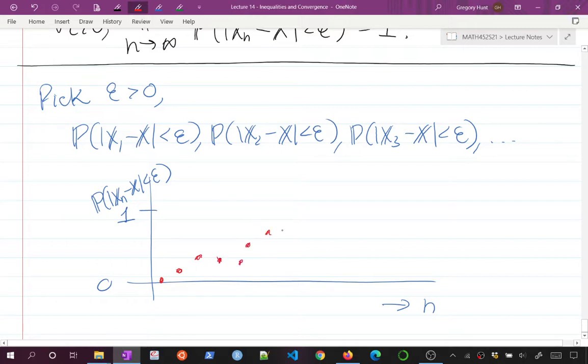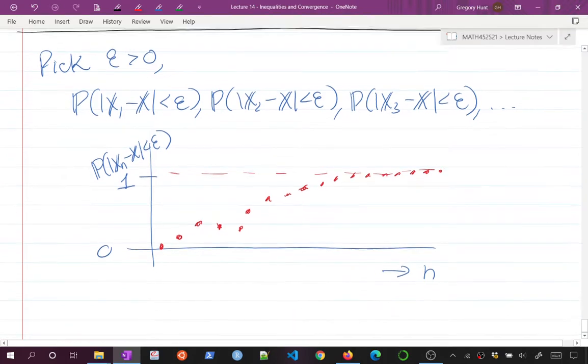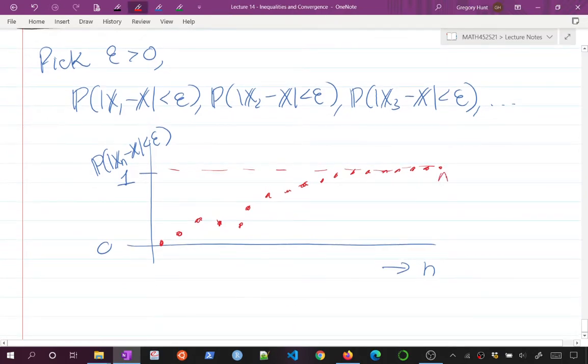But there's some asymptote at 1, and this sequence of numbers has to, in the limit, hit 1.